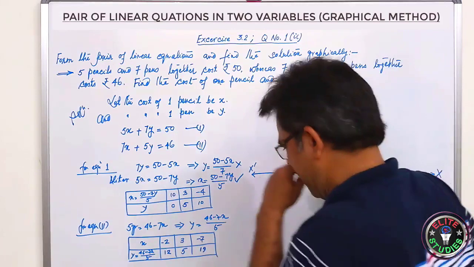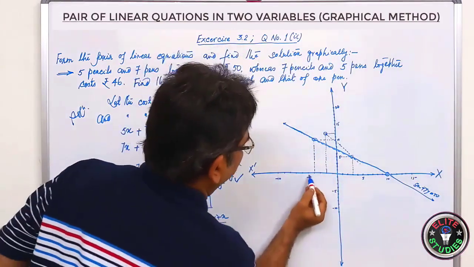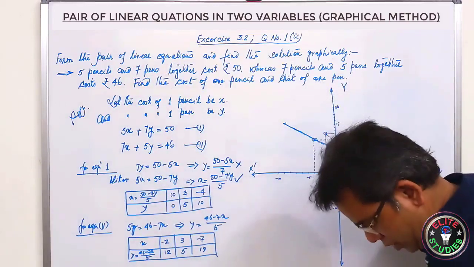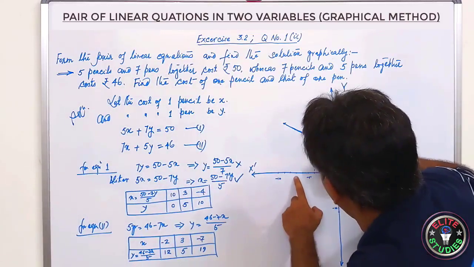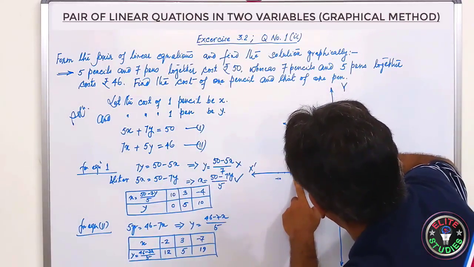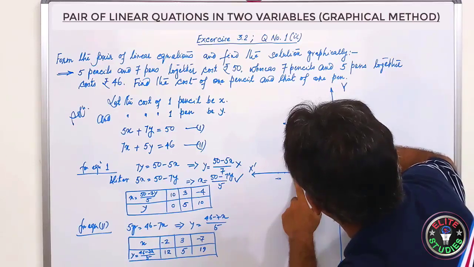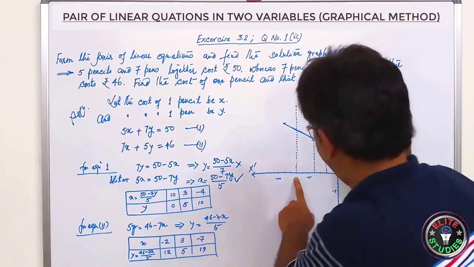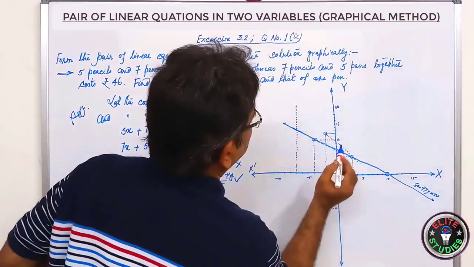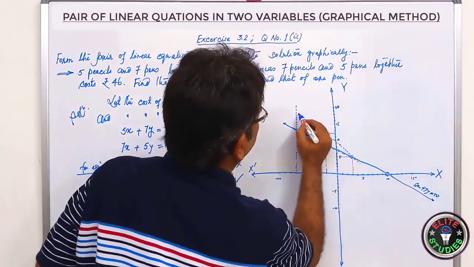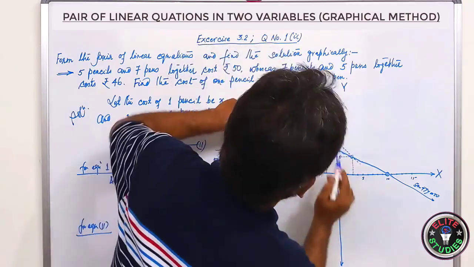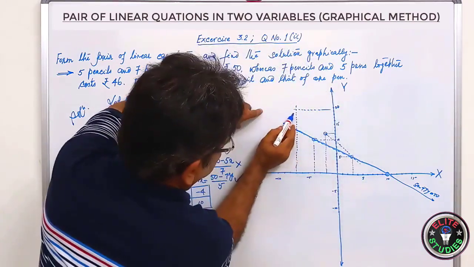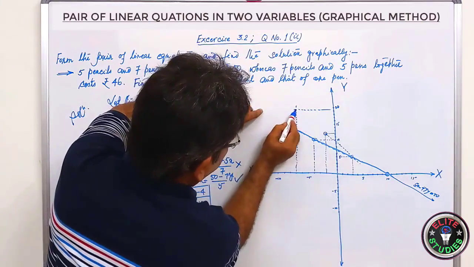Now this is minus 7 and 19. This is minus 7. So we make a vertical line here, and this is minus 19. So you see, now we are getting it.